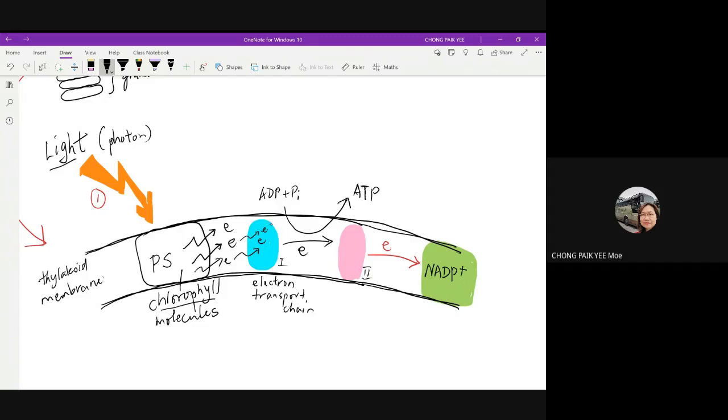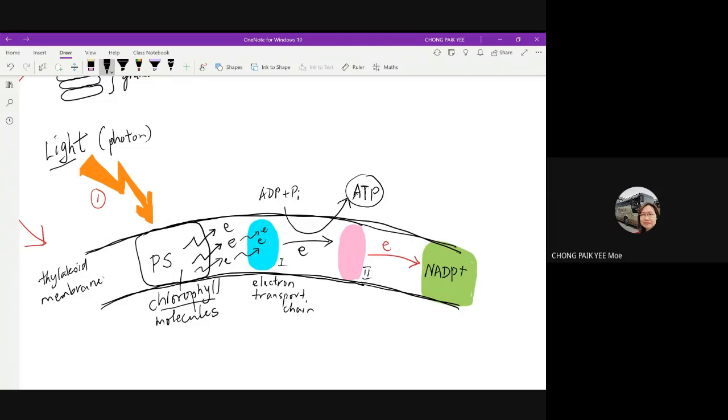So this energy is temporarily stored in the ATP molecule. The energy produced here, because electrons are being transported from one carrier to another, is now stored in this ATP. So ATP is formed.